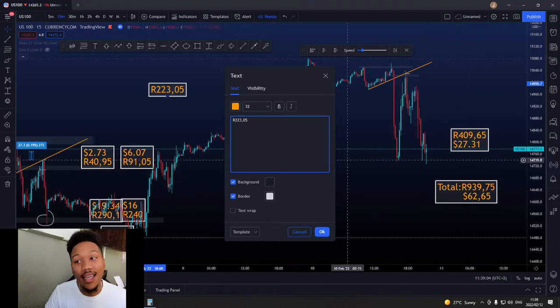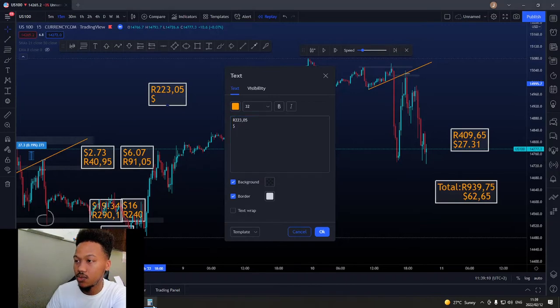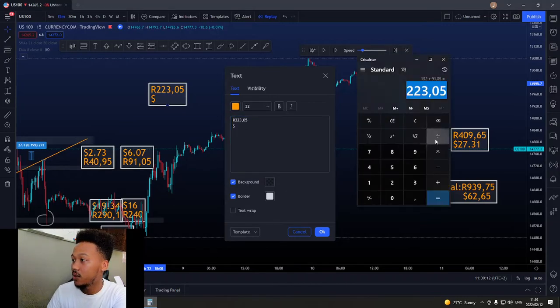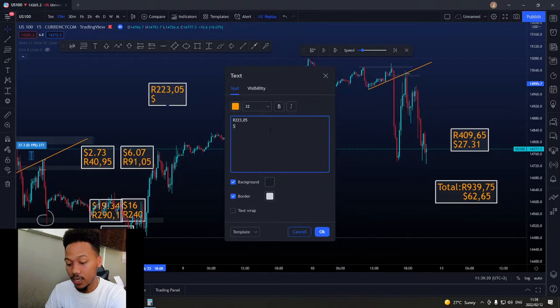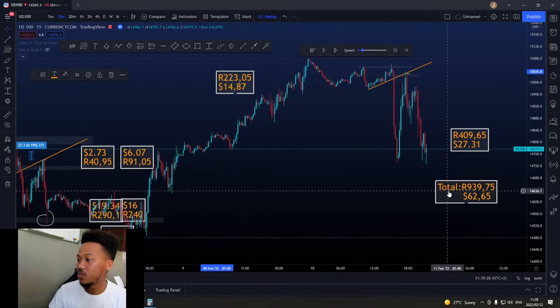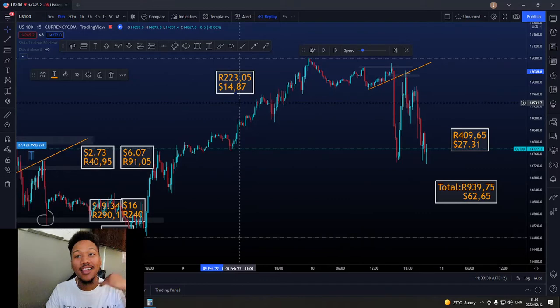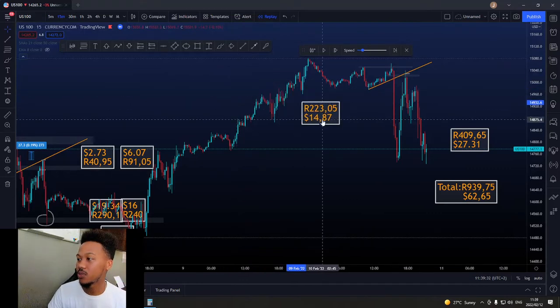to gain this 939 rands. Now let's accommodate for the dollar account as well. Let's do that. Divided by 15. Okay. You literally risked $14 to gain $62 in these two actual examples.